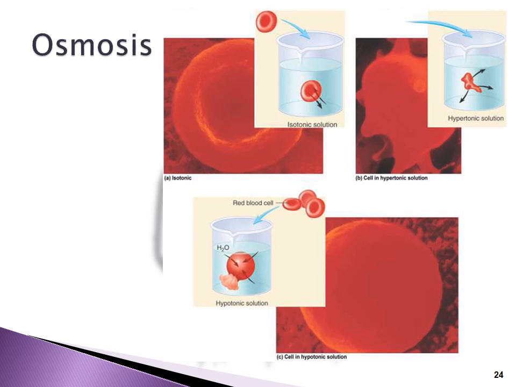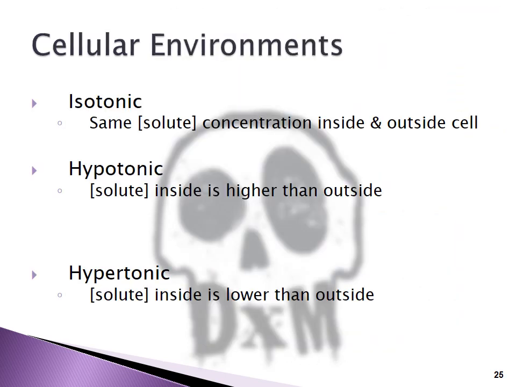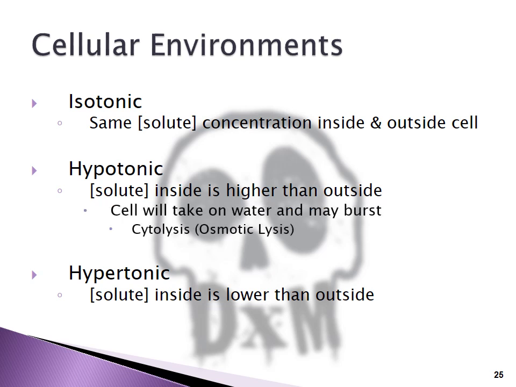So again, we want to aim for that isotonic level. Outside, inside, roughly the same, so when the water moves, it doesn't really change the shape of the cell. So we give them fancy names. As long as it's isotonic, everybody's happy. But in the event of a hypotonic environment, when the cell takes on the water and explodes, this is called cytolysis, cyto for cell, lysis for breaking up, or it's also known as osmotic lysis because the water is rushing in.